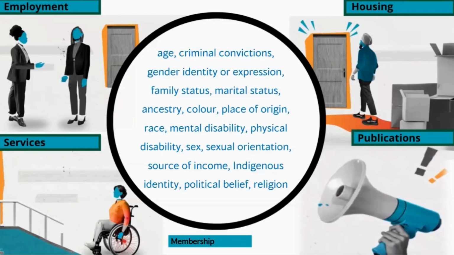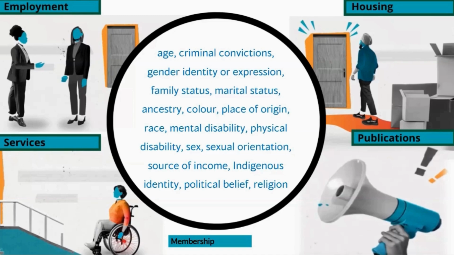It's important to note that systemic discrimination can occur in areas that are not included on this slide and against additional groups, and these impacts can be equally harmful. Addressing policies, practices, and behaviors within systems and impacting groups that are not protected by the code is equally important.